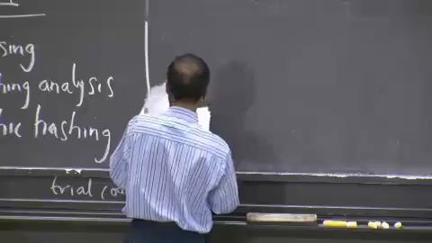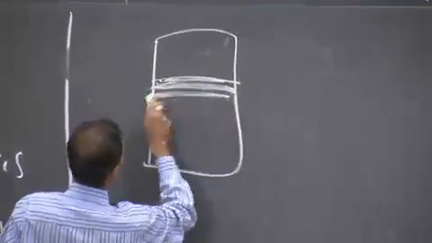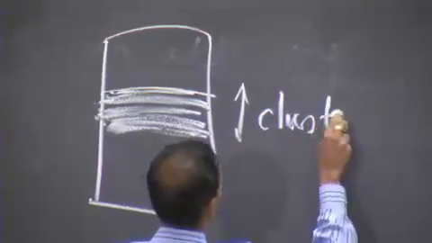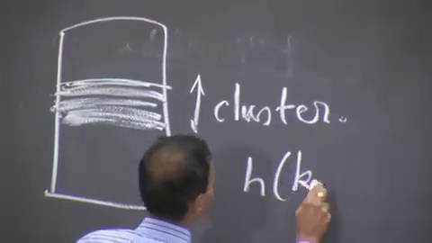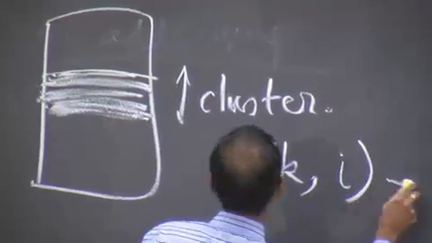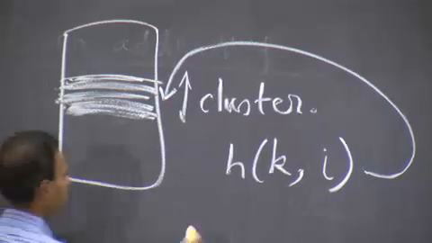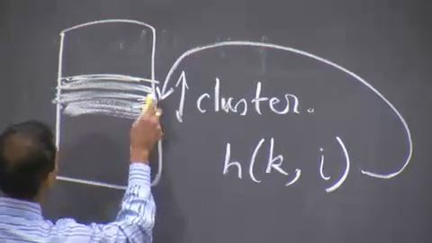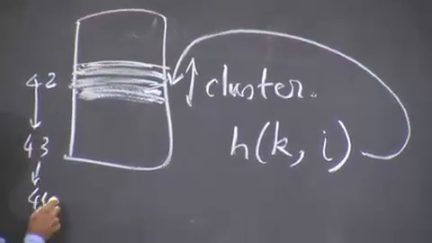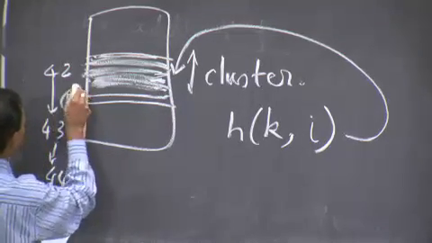So what's happening here pictorially really is that you have a table, and let's say you have a cluster. And this is your cluster. So if your h(k, i) maps to this cluster, then linear probing says that if you map to 42 in the cluster, the next thing you're going to try is 43, 44, until you get maybe to this slot here, which is 57, for argument's sake.